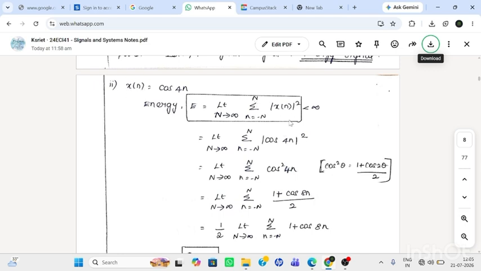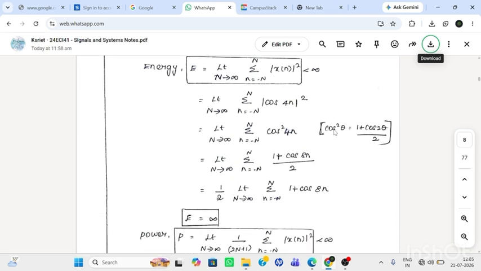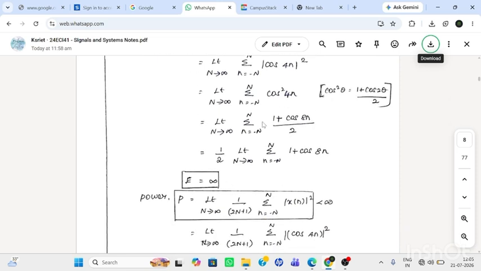So we have to substitute x of n as cos 4n, which becomes cos square 4n. So we have to expand cos square theta using the formula 1 plus cos 2 theta divided by 2. So we get the value as 1 plus cos 8n divided by 2. We have to substitute the limit. When substituting n equal to infinity, we will get the energy value as infinity.